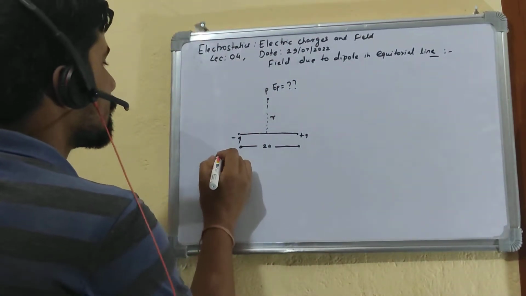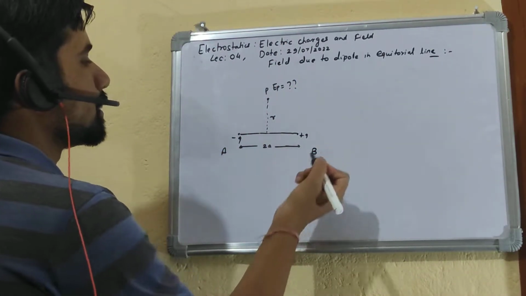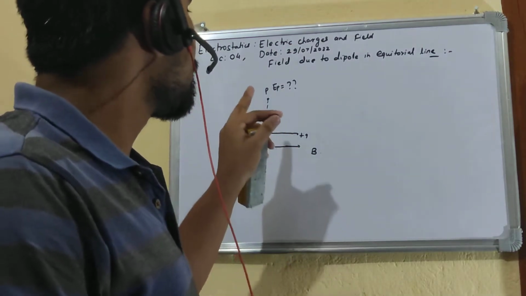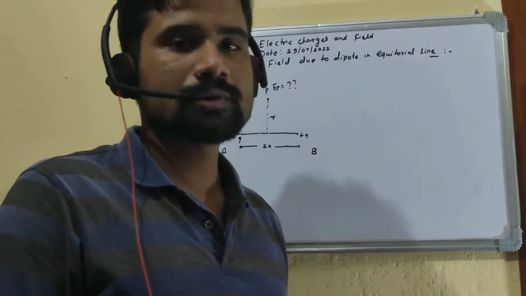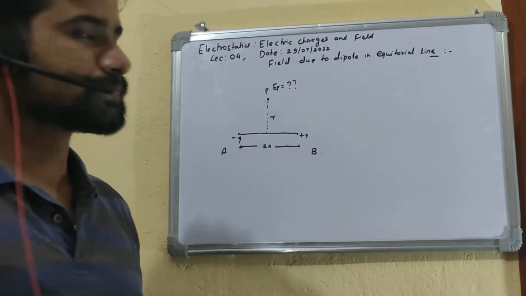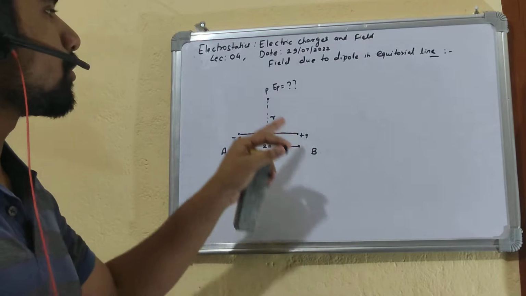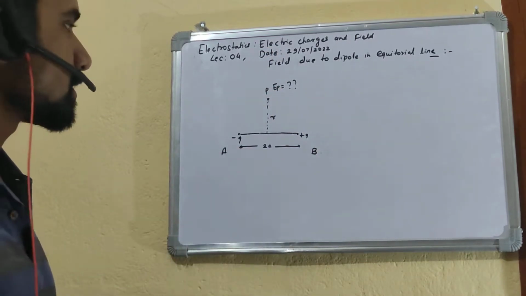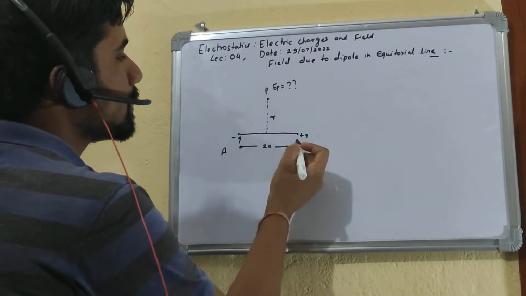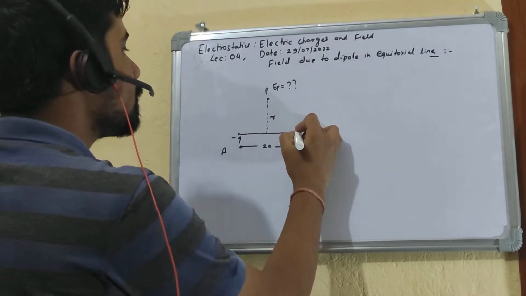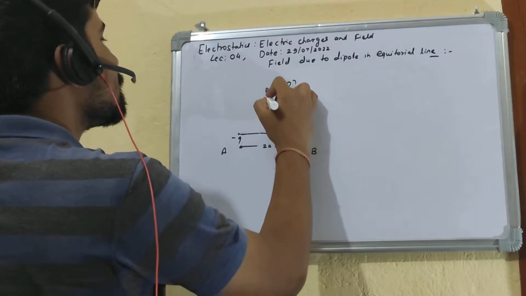So let's call these points A and B. You know that at point P the electric field will be because of these two charges. As we already studied, the direction of the electric field is away from a positive charge and towards a negative charge. So because of this positive charge plus q, the direction of the field will be in this particular direction.